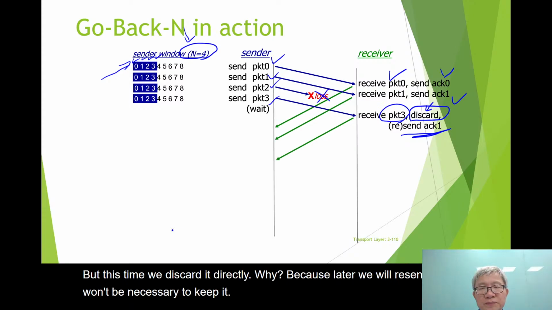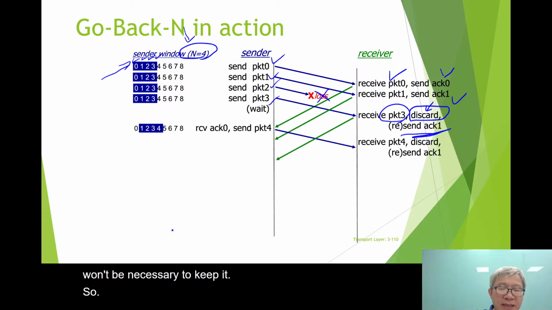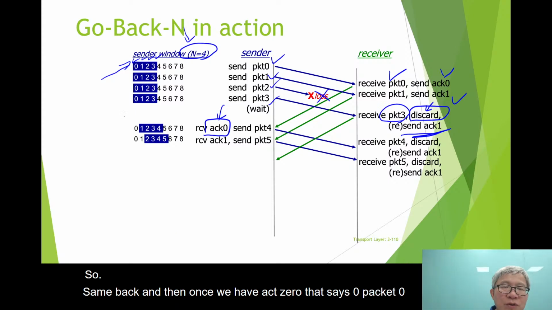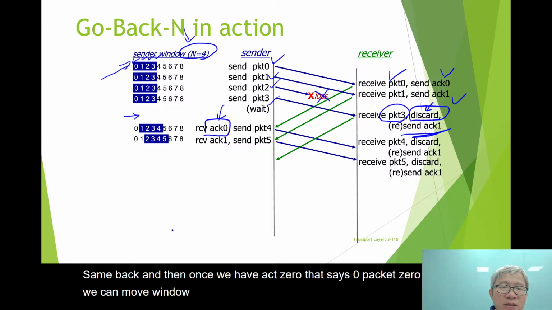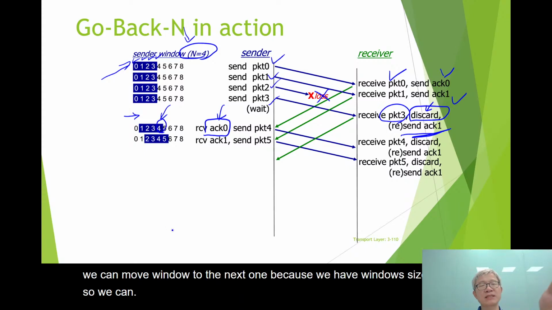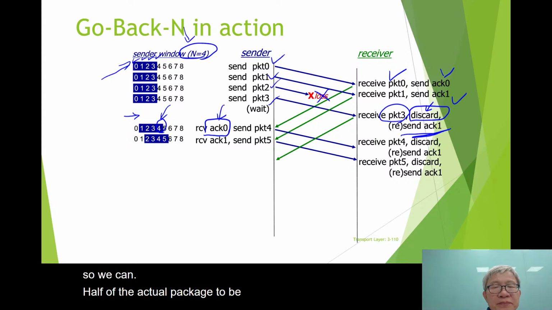So send back, and once we have ACK 0, packet 0 is okay, so we can move the window to the next one because we have window size of 4, so the next packet to be sent is packet 4.